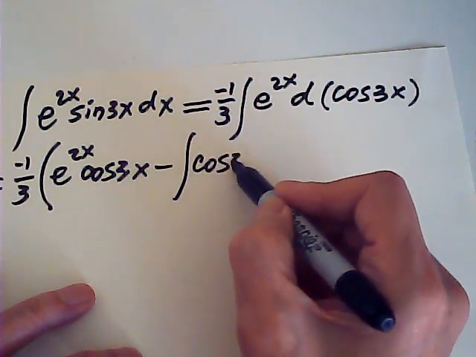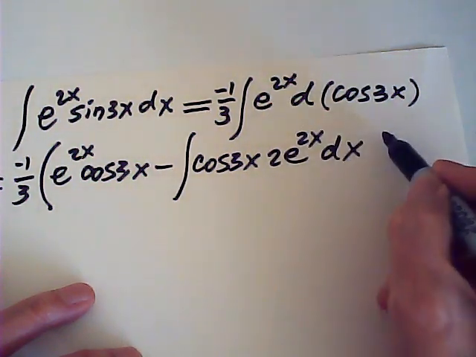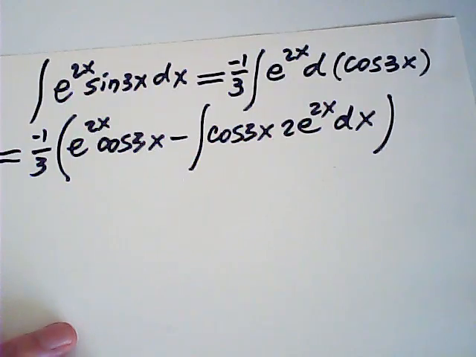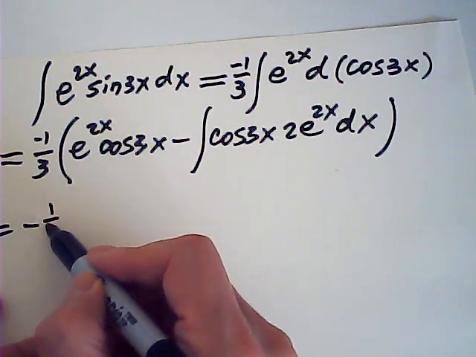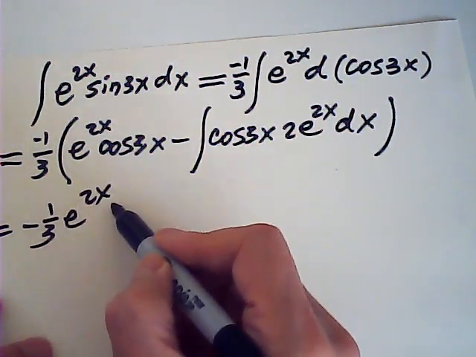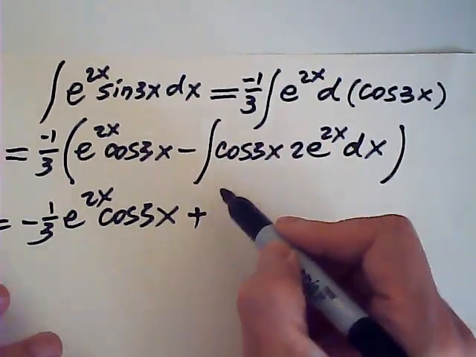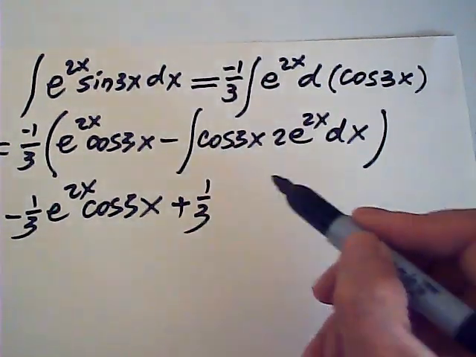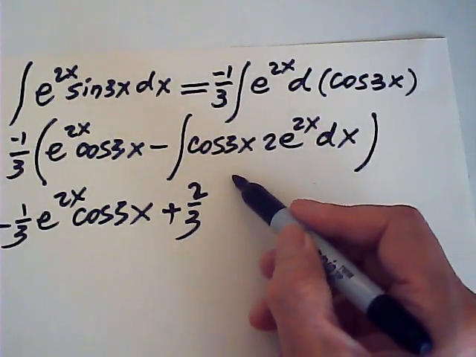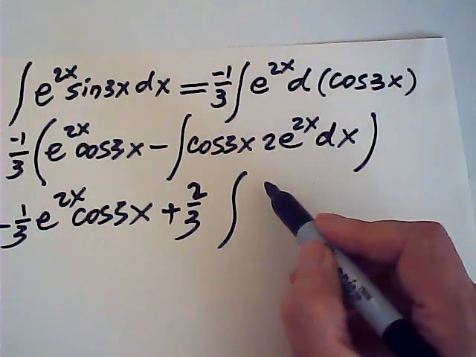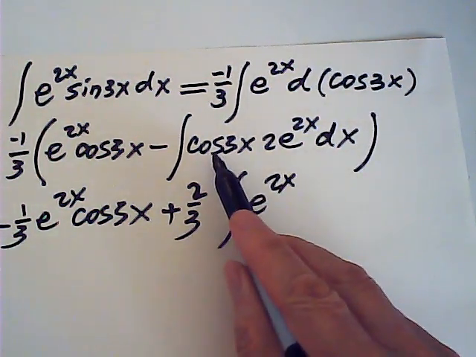V is this, du is 2e^(2x) dx, right? Then organize again nicely. This is 3x plus 1/3, 2/3 rather. There's a 2 here. Integral e to the 2x cosine 3x.